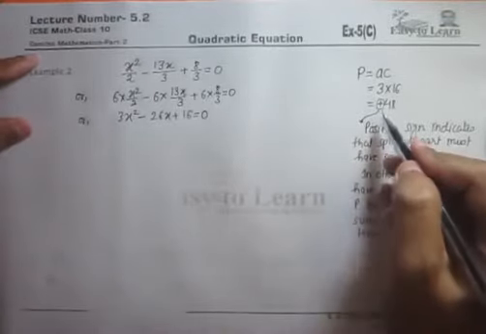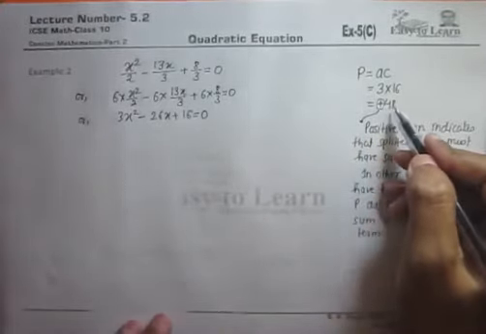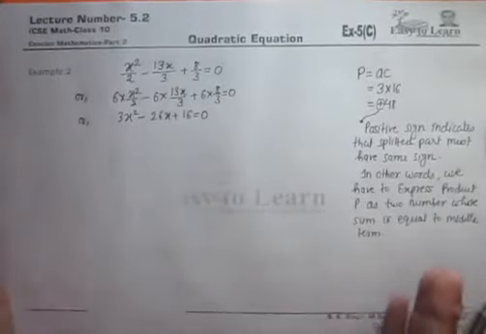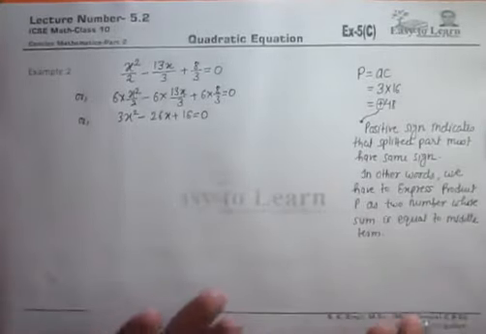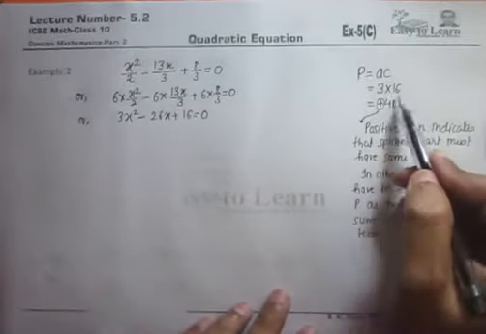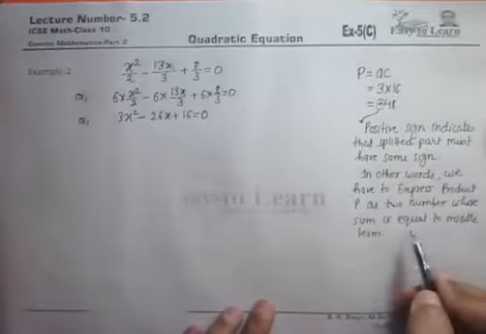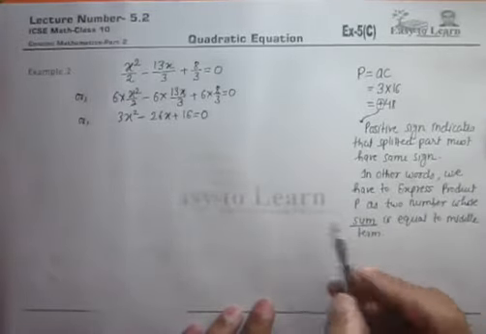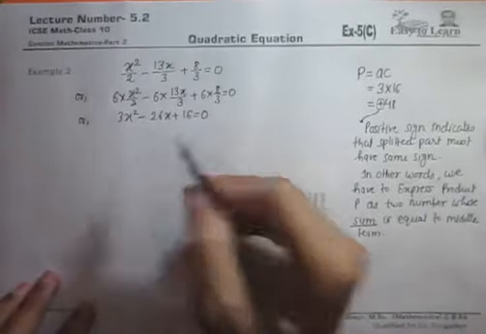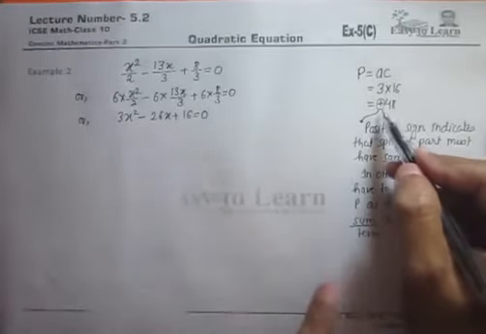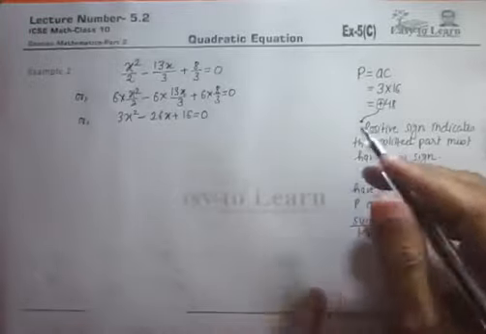Remember, here the product is positive, so it means the splitted parts of the middle term must have the same sign, and same sign means we have to add. If product is negative, then the difference must be equal to the middle term, and if product is positive, then the sum must be equal to the middle term.